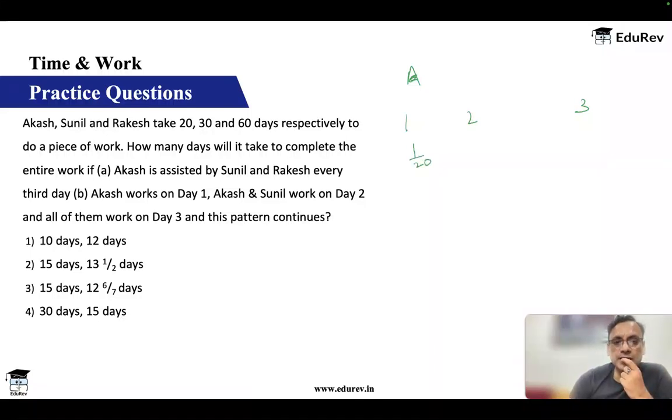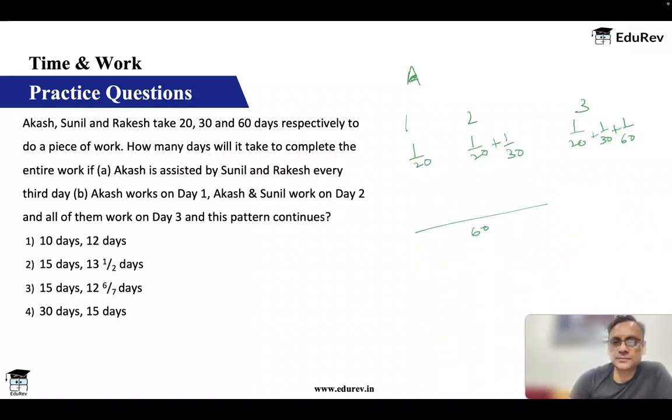Akash and Sunil work on day 2. So 1 by 20 plus 1 by 30. And all of them work on day 3. So 1 by 20 plus 1 by 30 plus 1 by 60. And then the pattern continues. So again, if I add for 3 days, I will get a pattern and then I can multiply. So let's add all this.